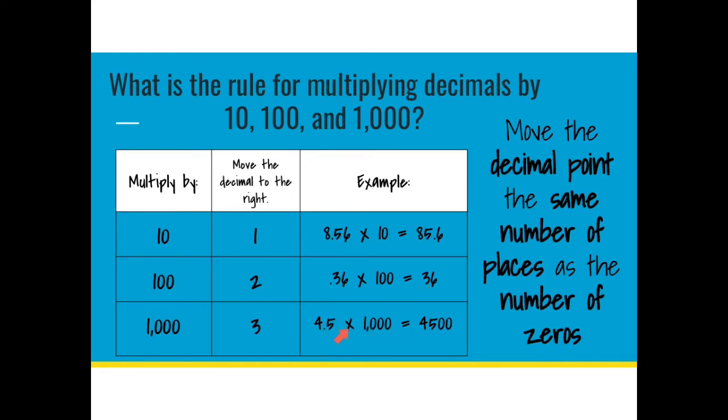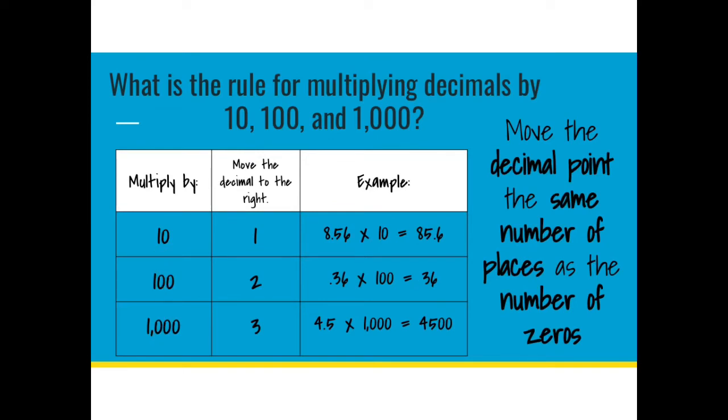Finally, again, multiplying 4.5 times 1,000 gives us an answer of 4,500 because we move our decimal point 3 places. So now, instead of adding zeros to our final answer, we're moving the decimal point the total number of zeros that we're multiplying by.